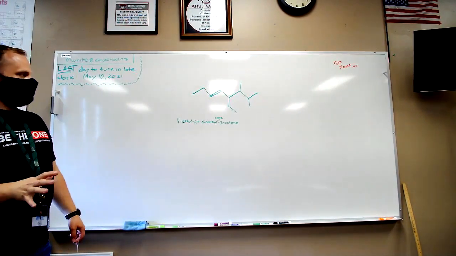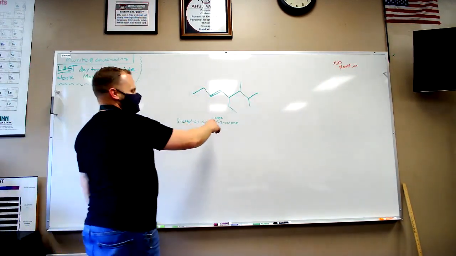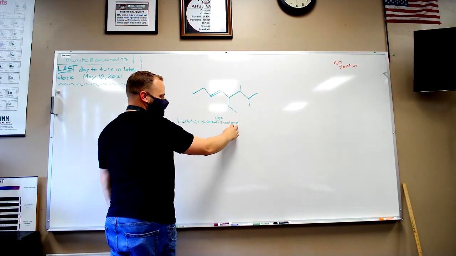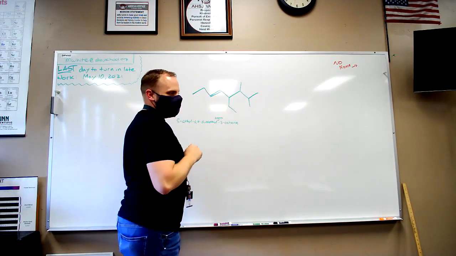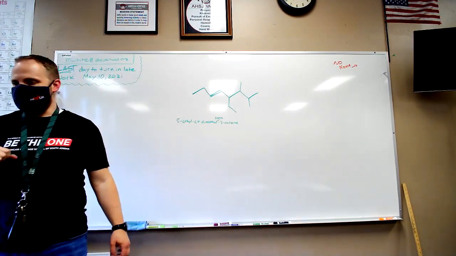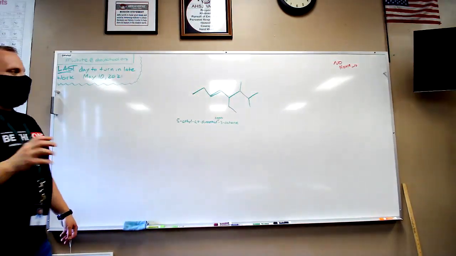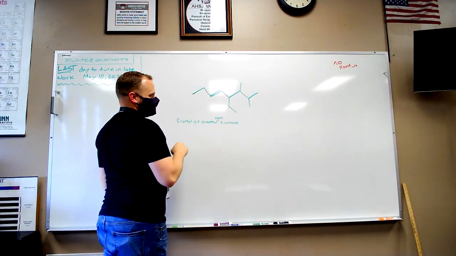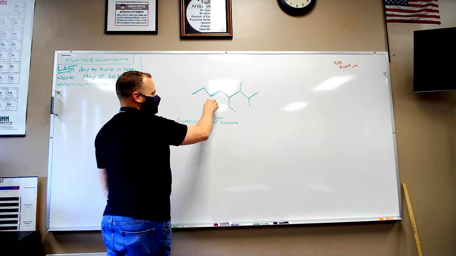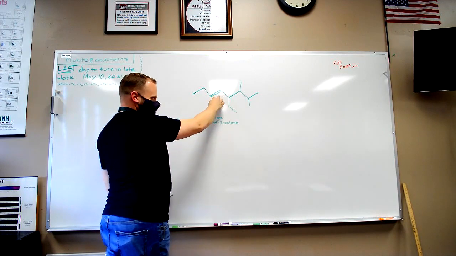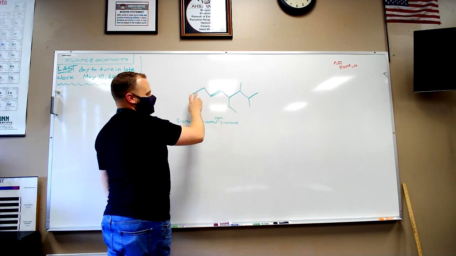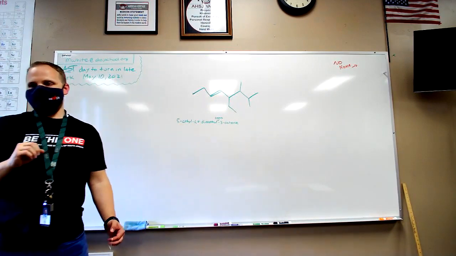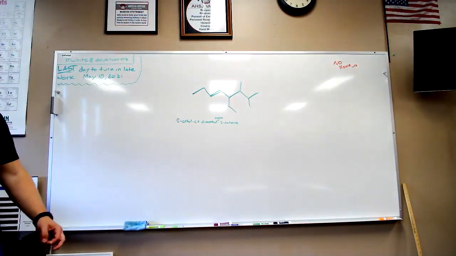The differences are that our suffix changes depending on whether we have a double bond or a triple bond. The parent chain has to have the double or the triple bond in it. We number where the double or triple bond is, and our numbering makes that as low as possible. The other ones don't matter.